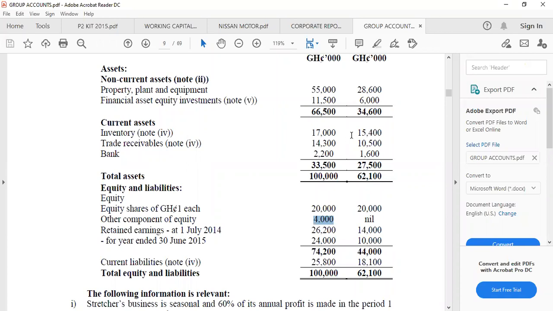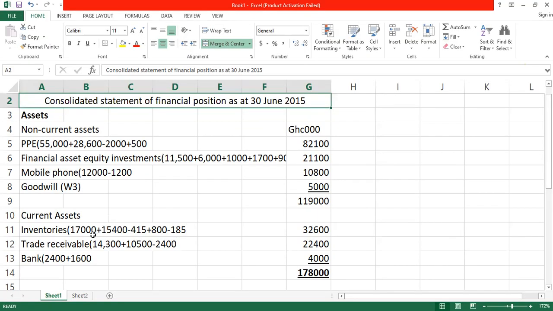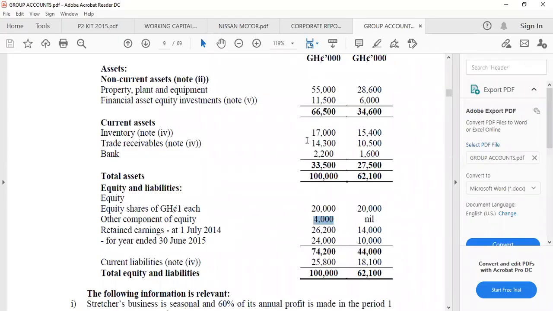17,000 plus 4,000. Okay. This is 14,000. Okay, the bank. Can you see the bank figure?